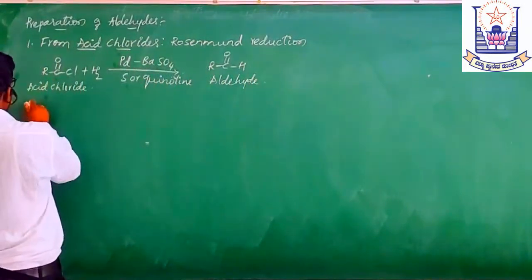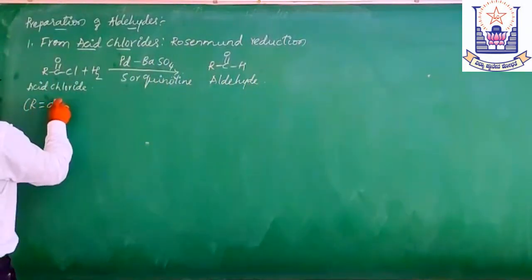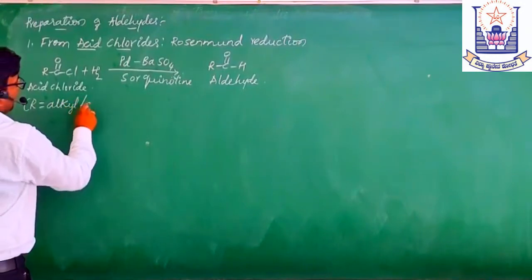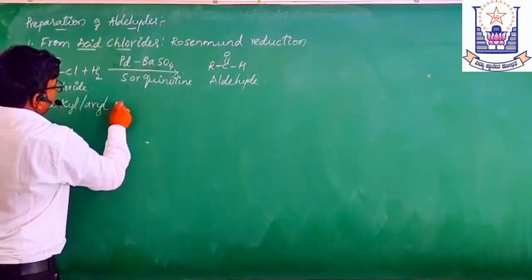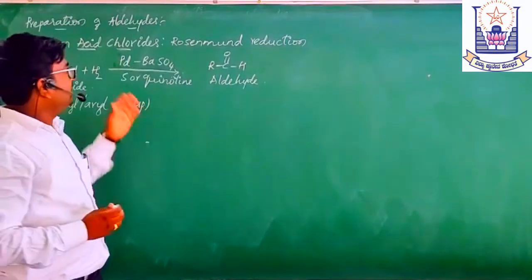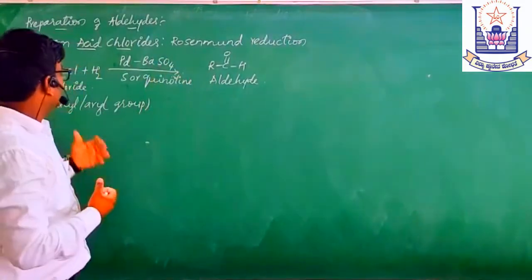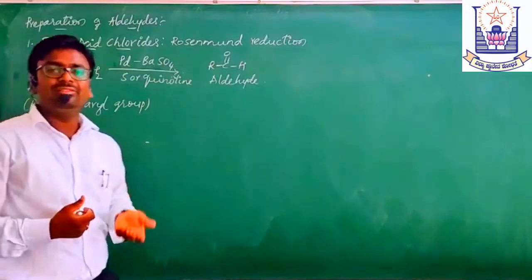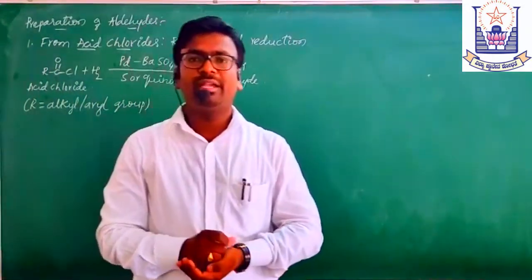Here R may be an alkyl or aryl group. Alkyl or aryl group means that by the Rosenmund reduction you can get aliphatic aldehydes or aromatic aldehydes.